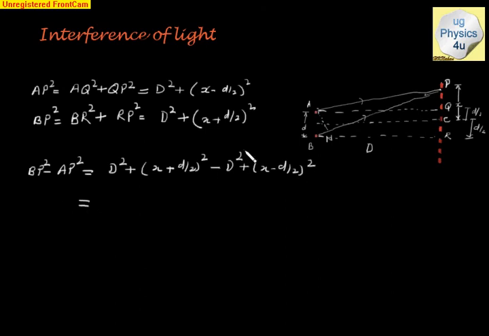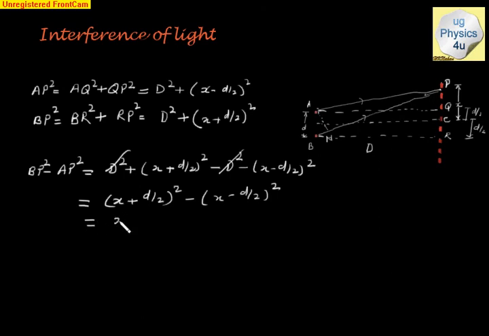From this, the D square will cancel out, and we get x plus d by 2 whole square minus x minus d by 2 whole square.